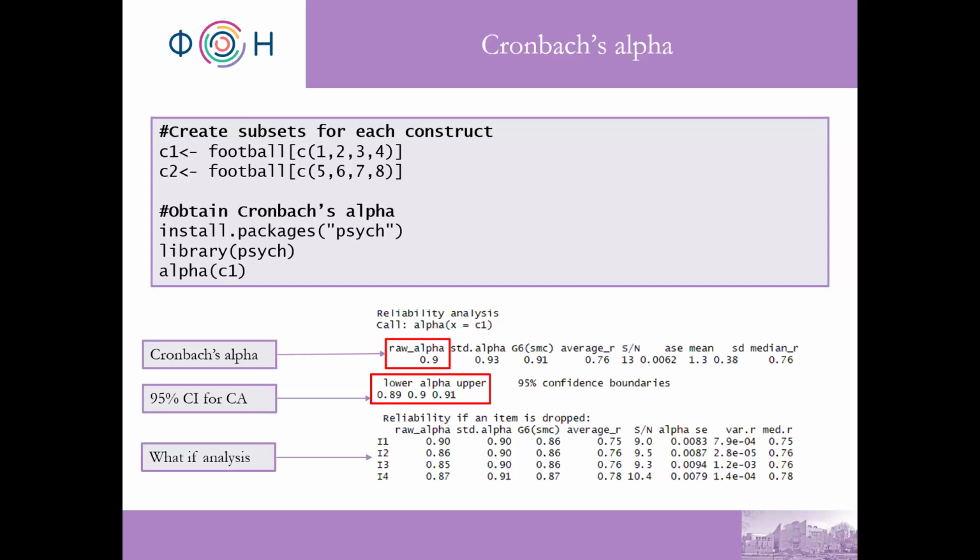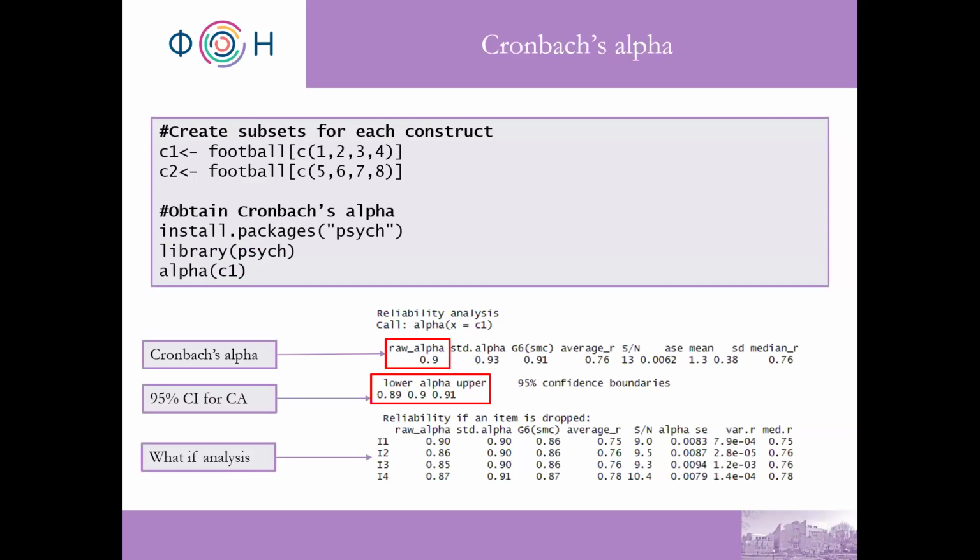So the what-if analysis can help you and tell you whether there are some variables which you can remove from your latent construct to have a better internal consistency? So for example, here, there is no need to remove any variable from this construct. The same analysis can be, of course, done for the second latent construct.